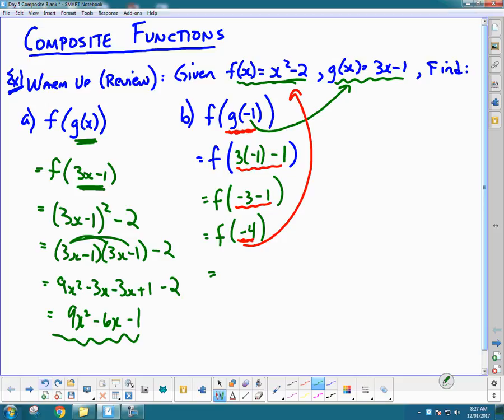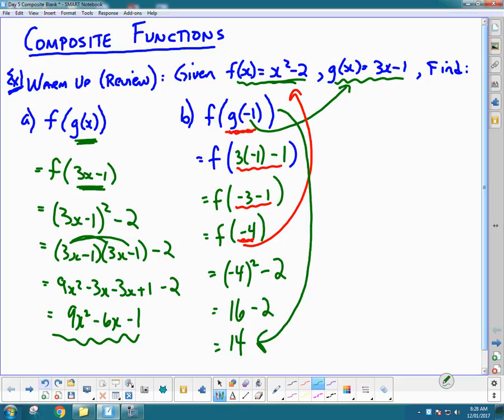So it used to say x squared minus 2, and so now it's going to be negative 4 squared minus 2. And then this math is negative 4 squared, which is 16, minus 2. And we get that f at g at negative 1 turns out to be 14.